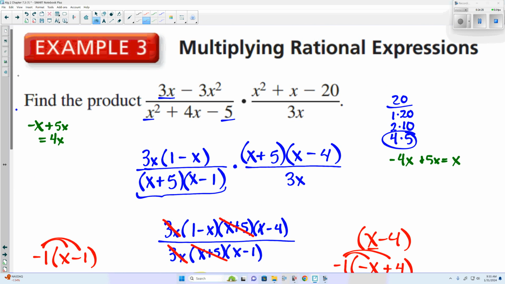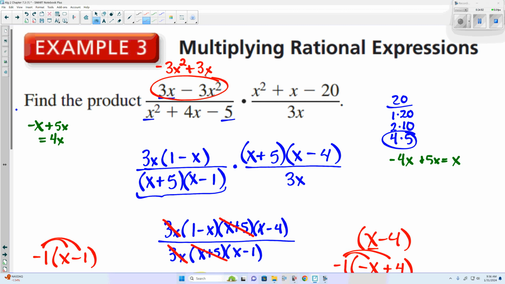Or, if we look back at the start here, 3x minus 3x squared, is that in standard form? Well, no. Standard form, negative 3x squared plus 3x. Negative 3x squared plus 3x. Again, in factoring, it's nice to leave that biggest term positive, yes?